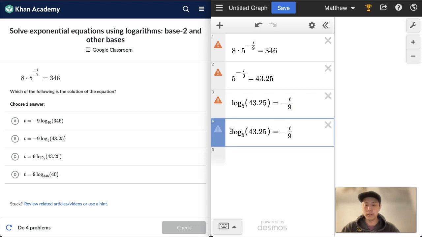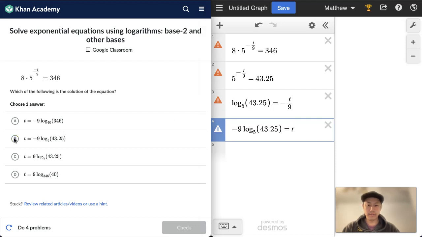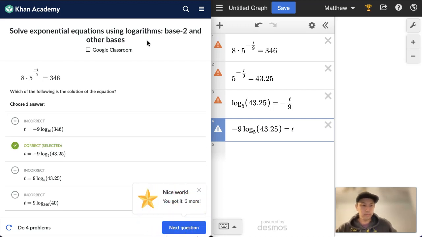Okay, so it'll look like this, times negative 9. And that'll get t by itself. Okay, so let's see if we have that in the works. It looks like option B matches that exactly: negative 9 times log base 5 of 43.25. There we go. Good stuff.